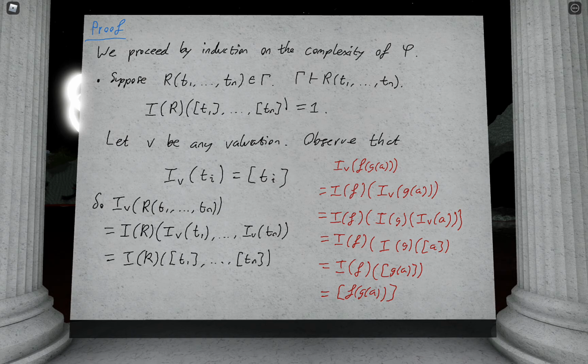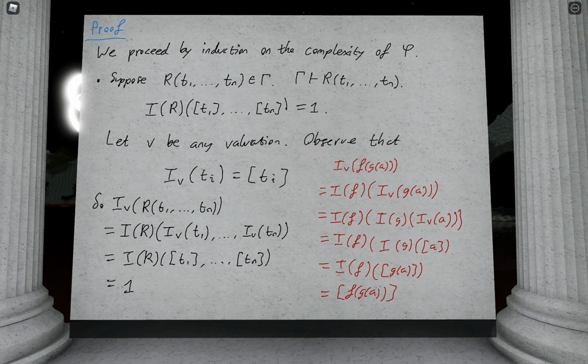So closed terms are interpreted as equivalence classes of those closed terms, and I know this to be equal to 1 by definition, by the way that I defined the interpretation of R, because this formula is in the set of formulas.